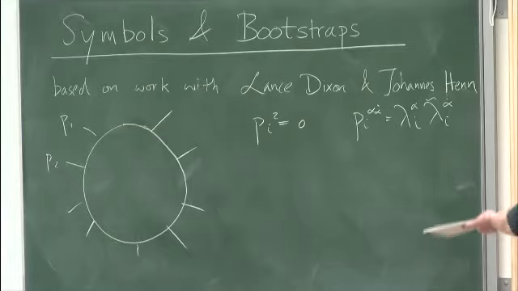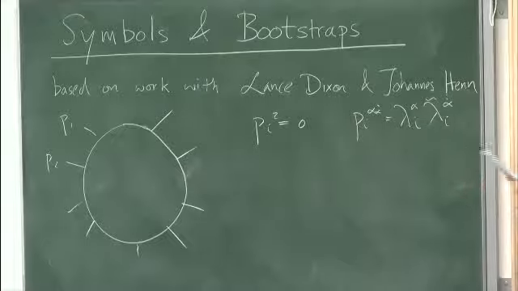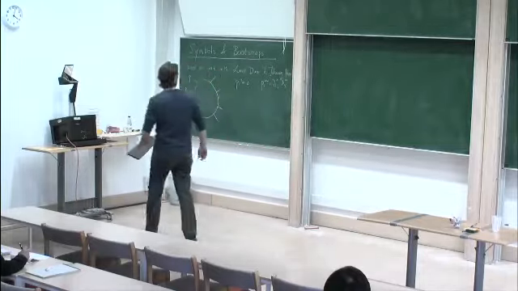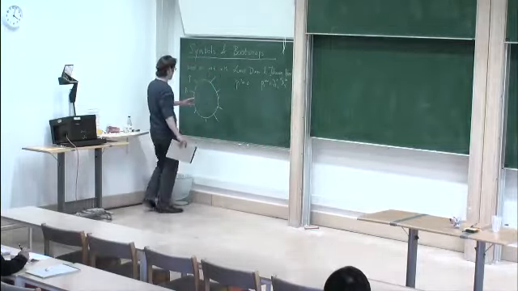The scattering amplitudes are functions of these variables. And the simplest scattering amplitudes that we're interested in are the MHV amplitudes. So the amplitudes are not just functions of the momenta, they also depend on the helicity assignments of the incoming particles. So I can assign helicities plus or minus 1.